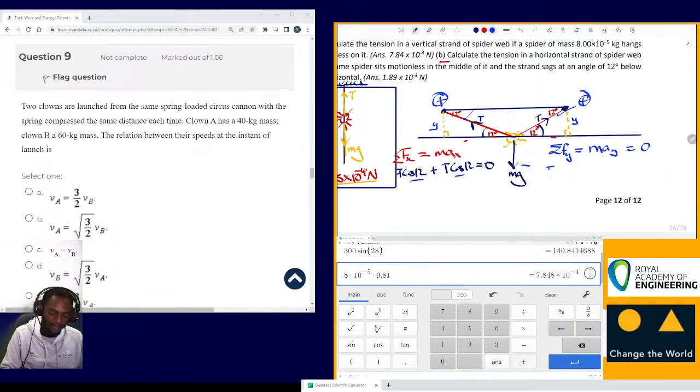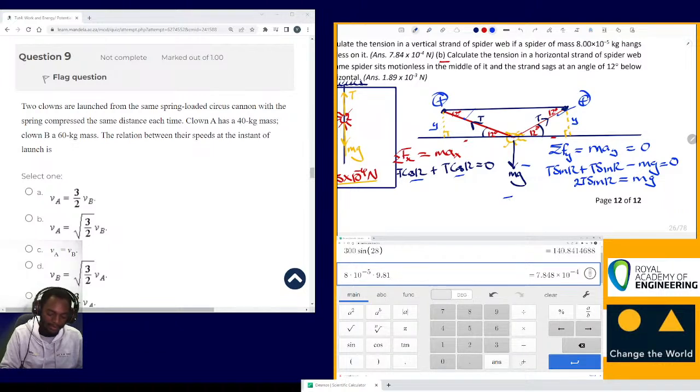So it's T sine 12 plus T sine 12 minus mg equals 0, which means 2T sine 12 equals mg.